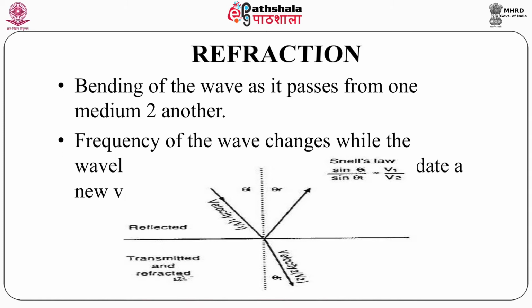Therefore, when a sound beam passes from one medium to another, its frequency remains constant, but its wavelength changes to accommodate the new velocity in the medium. Refraction causes artifacts, which we call refraction artifacts, which might lead to spatial distortion.